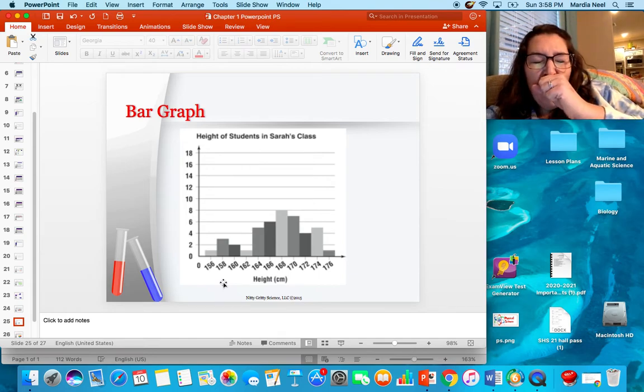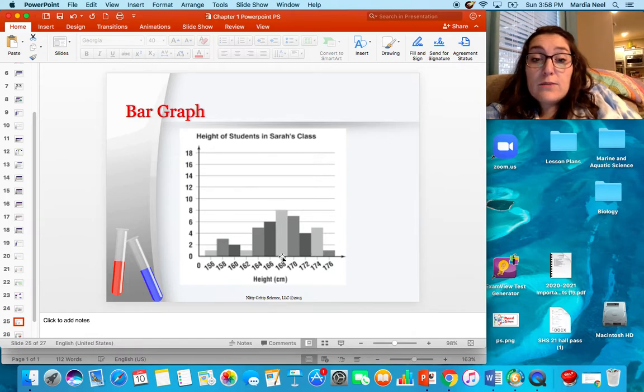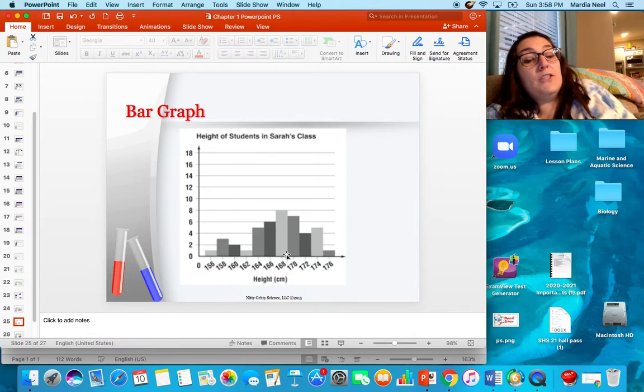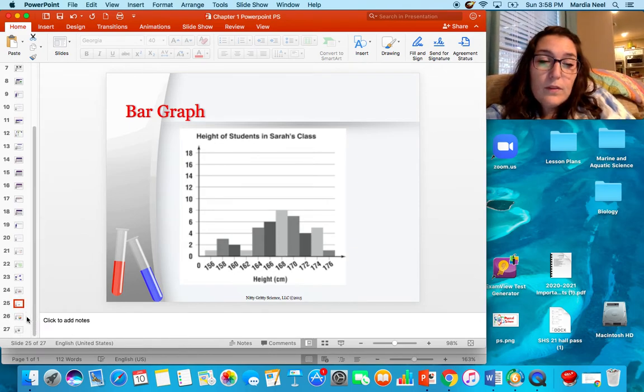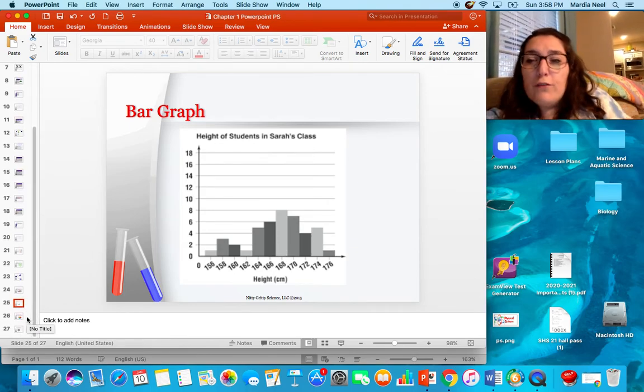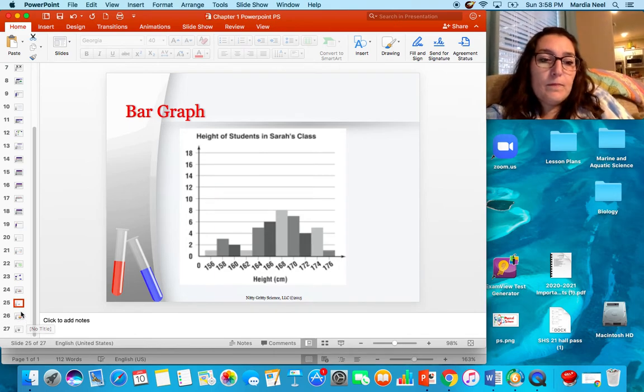So this is a graph. So we can see the overall heights of students in the class just by glancing down. I could tell you that most students in the class were 168 centimeters. That would be the average height of most of the students. So bar graphs are able to give us overall pictures very, very quickly.